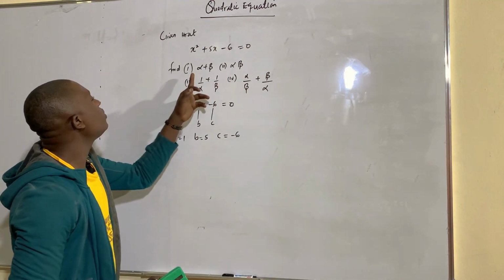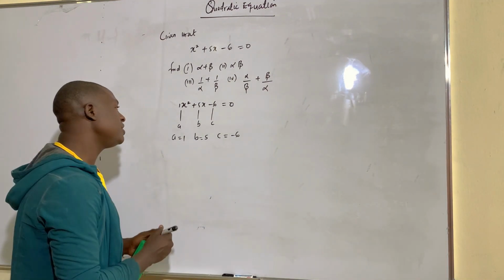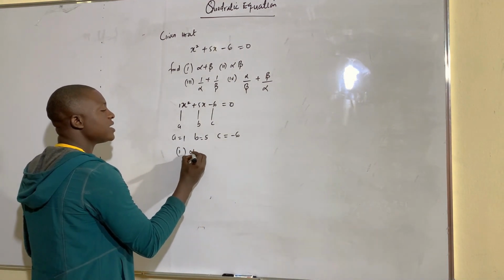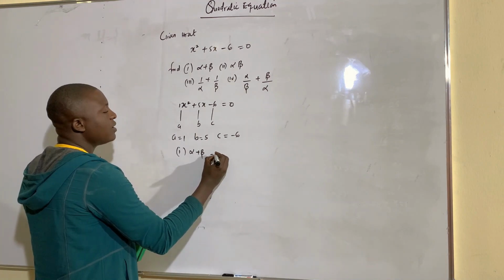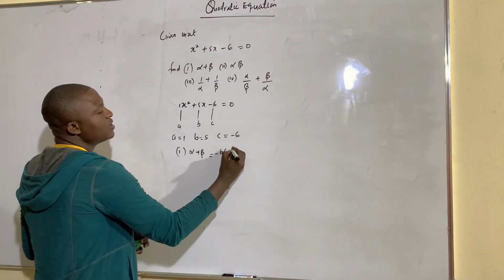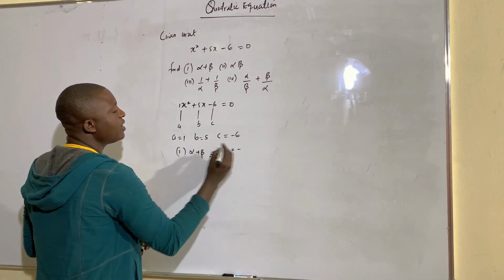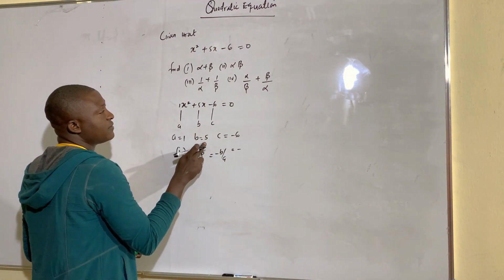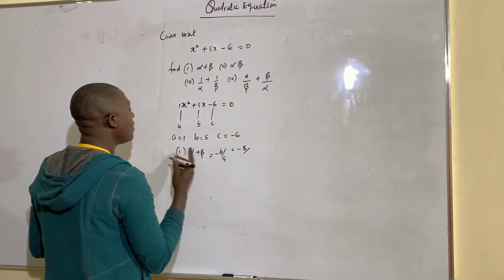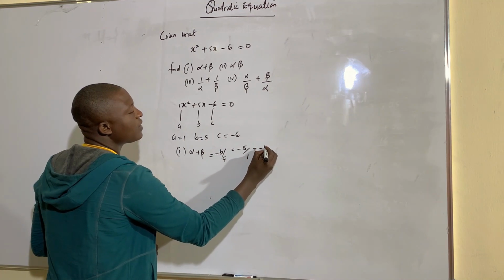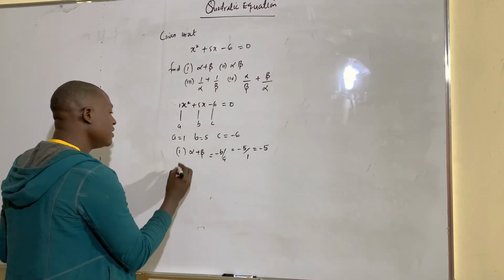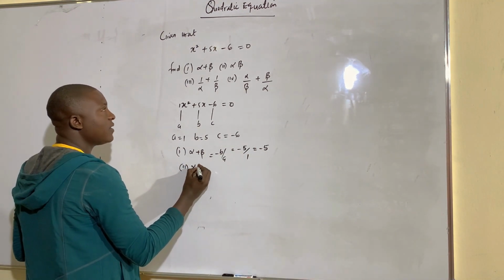So the first problem, we have to find alpha plus beta. We derived that one. So we know that alpha plus beta is always minus B over A. So from here, if I check, my B is 5, so that is minus 5 over my A, which is 1. Of course, this is just minus 5. Second one, we have to find alpha beta.